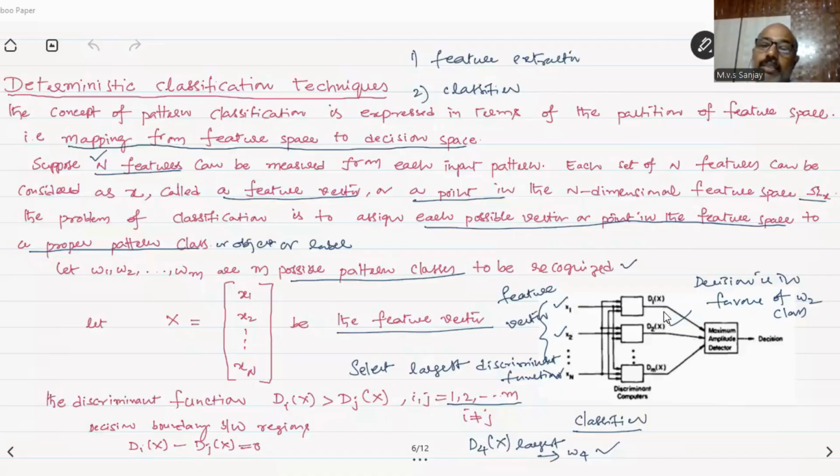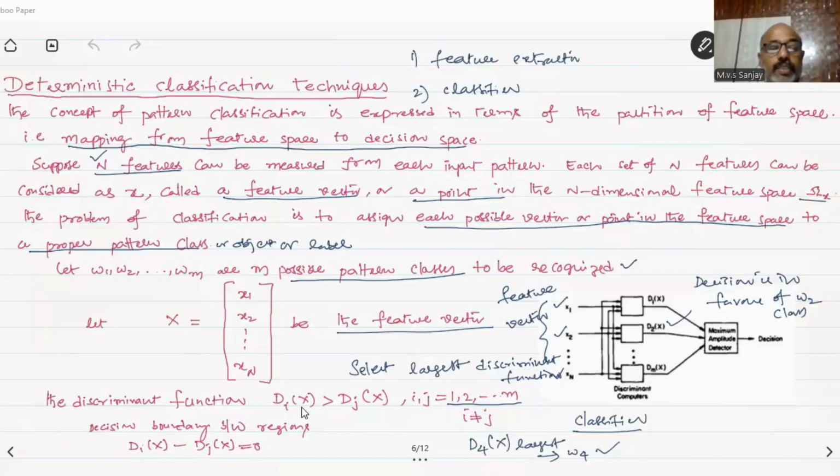After calculating discrimination functions, all values are fed to a maximum amplitude detector to find the maximum value of the discrimination function and its path. Let us say d2 of x has the largest value and is identified by the maximum amplitude detector, and the detector makes a decision in favor of omega 2.